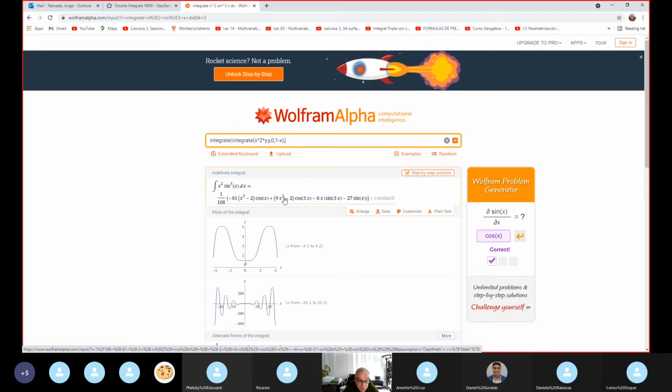Comma, the second variable is x, so x, 0, comma, 1. And close the parenthesis that indicates the second integral finished. I suppose that everything is ready. So you always click here, compute the input.